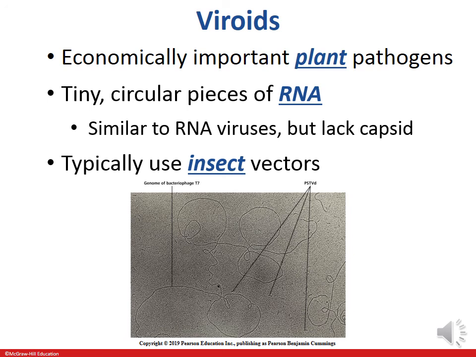And so basically what you end up with are tiny little pieces of RNA that got clipped out of that original strand of messenger RNA. And so they're tying these little random pieces that they find in viroid infections back to pieces of messenger RNA that just got edited, basically. So these are sort of interesting pathogens in that regard.